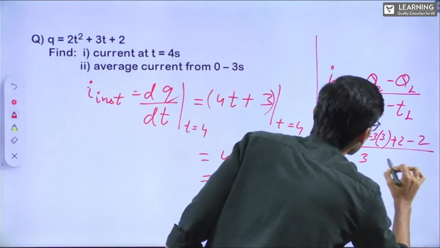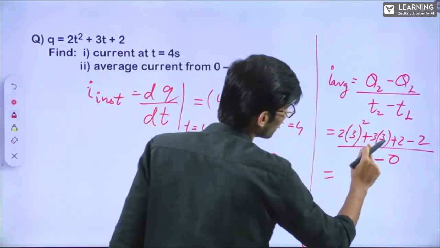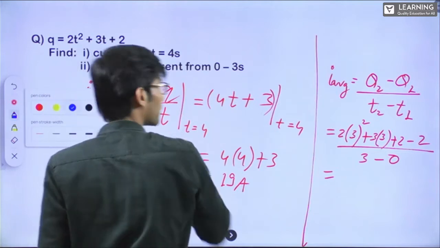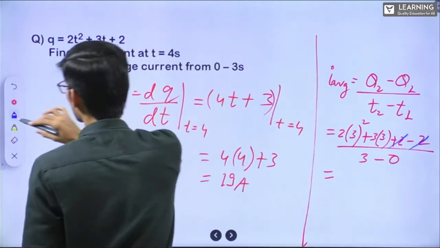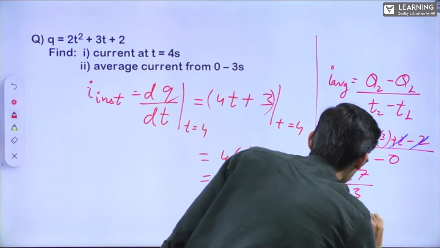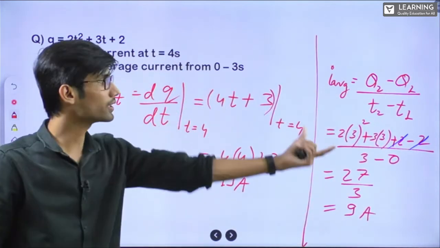T2 will be 3, T1 is 0. That is 3 3s are 9, 2s are 18 plus 3 3s are 9. And this 2 and minus 2 will be cancelled. Correct? 27 divided by 3, that is 9 ampere. This is the average current, the earlier one was instantaneous current.